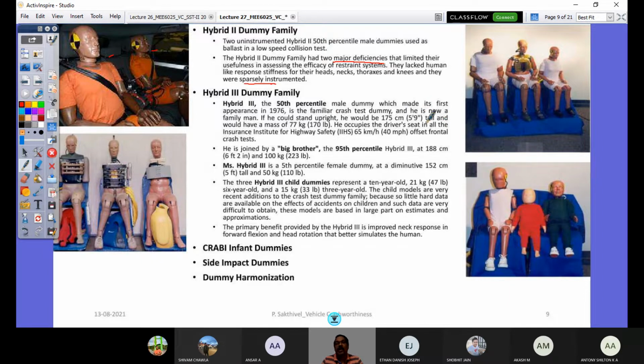So you could see here he could stand upright. He would be 170 or 175 centimeters tall and would have a mass of 77 kg. He occupies the driver's seat.